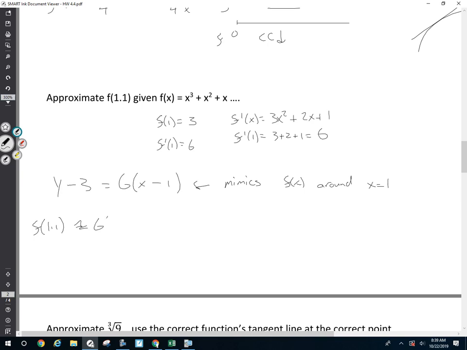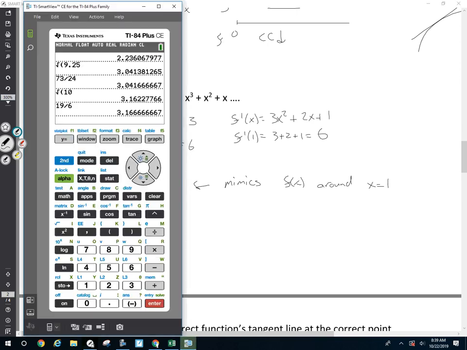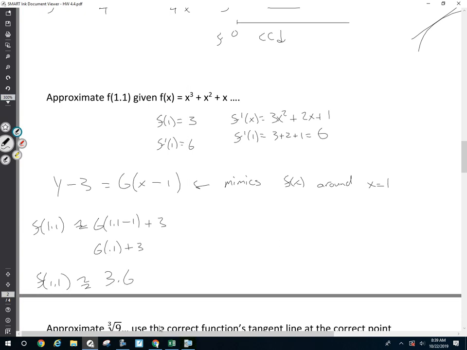I think it's 6 times (1.1 minus 1) plus 3. That's 6 times 0.1 plus 3. That's 0.6 plus 3. That's 3.6. So I think f of 1.1 is approximately 3.6. Watch. 1.1 cubed plus 1.1 squared plus 1.1 is approximately 3.6. Boom.